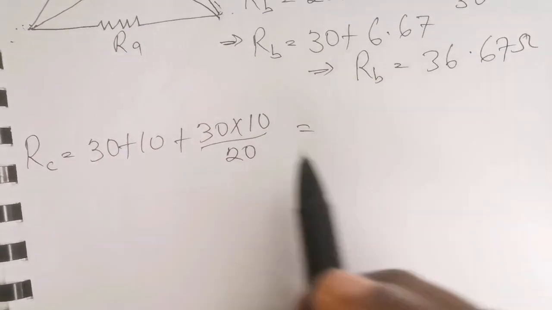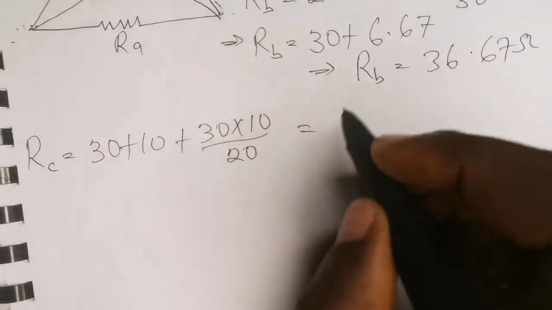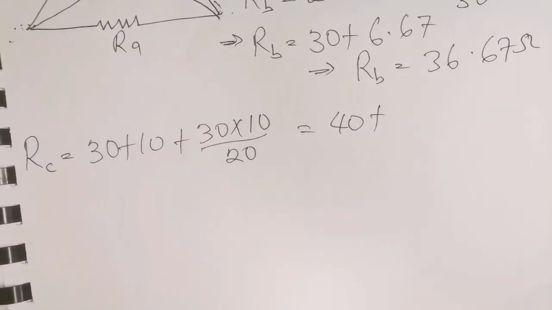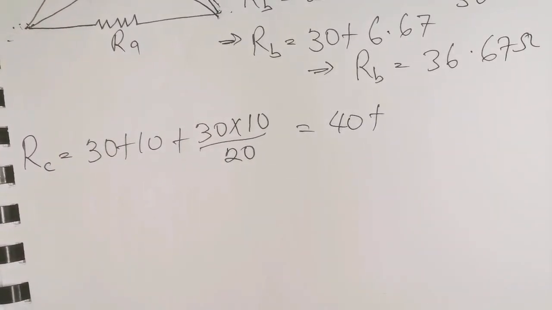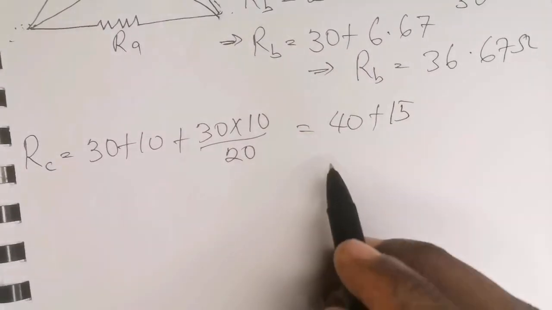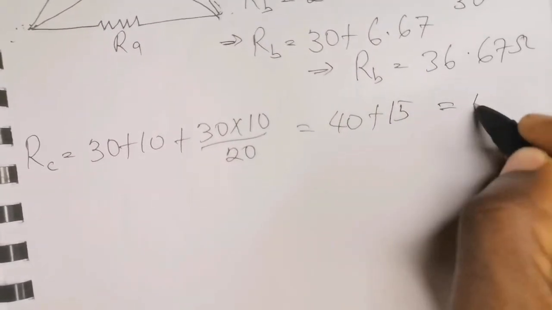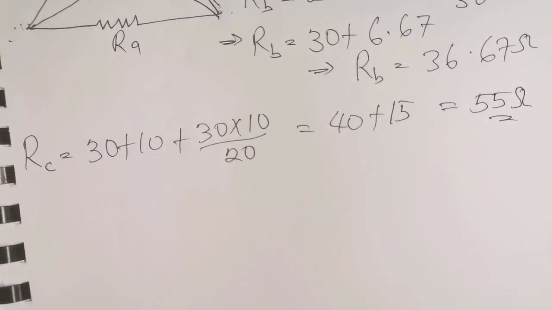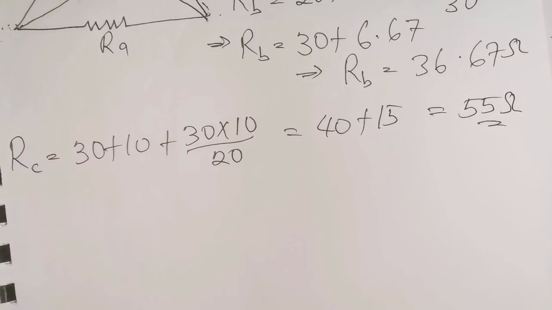This is equal to 30 plus 10, which gives us 40, plus 30 times 10 divided by 20, which gives us 15. So 40 plus 15 gives us 55 ohms. So the resistor RC is actually 55 ohms.